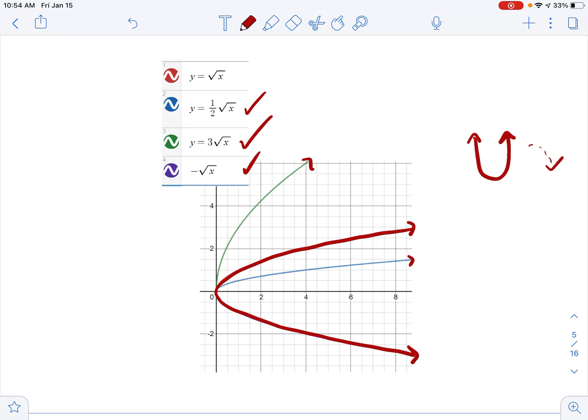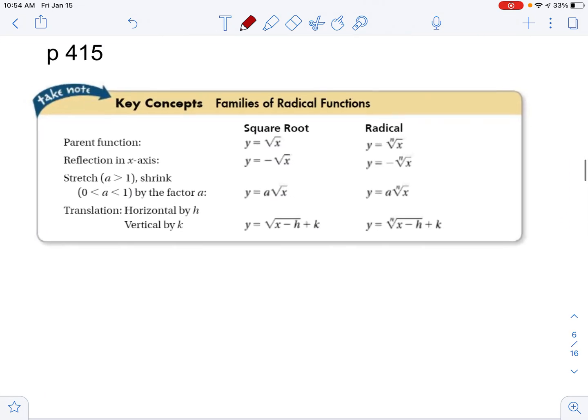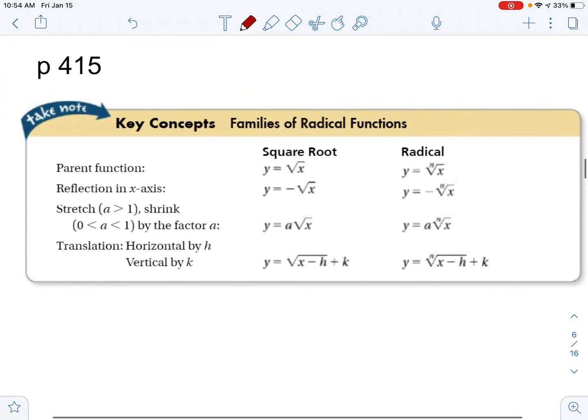So that's going to be similar for many of our radical graphs. It's going to look like a form of the power function on its side. So every rule that we just talked about for our square root functions, our translations, our reflections, and our dilations are going to be the same for any other nth root.